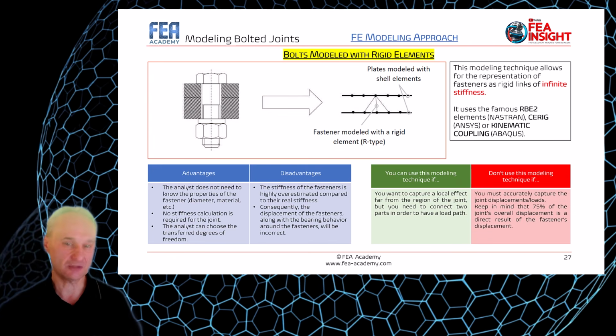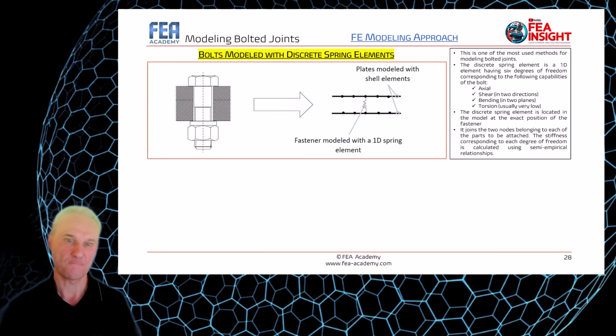But you cannot use this modeling technique if you must accurately capture the joint displacement or the joint loads. Keep in mind that 75% of the joint's overall displacement is a direct result of the fastener's displacement.